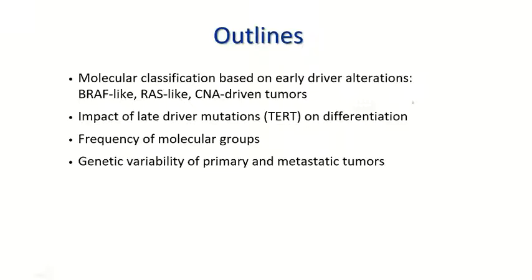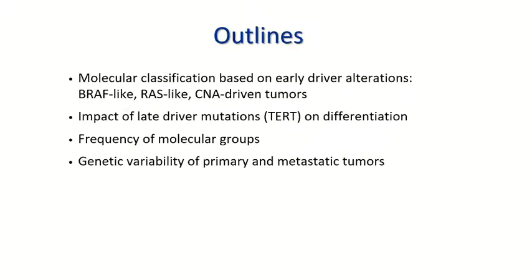So I'm going to talk about molecular classification of thyroid cancer based on early driver mutations, and specifically discuss BRAF-like, RAS-like, and copy number alterations-driven tumors. Then we are going to talk about the impact of late mutations, and particularly TERT, on differentiation. I think it is very important.